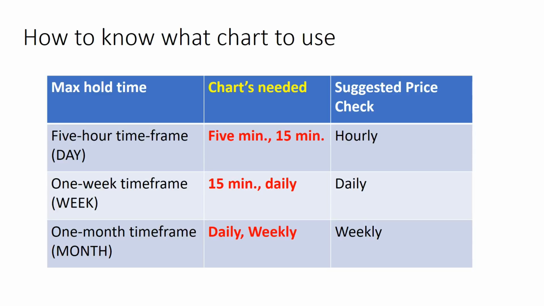When you're day trading, the daily chart is not as important to you. And I would suggest a minimum checking the price hourly. And like I said, most day traders I know are checking every 5 or 15 minutes.